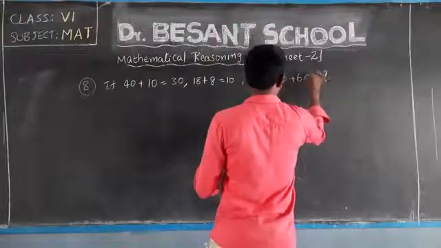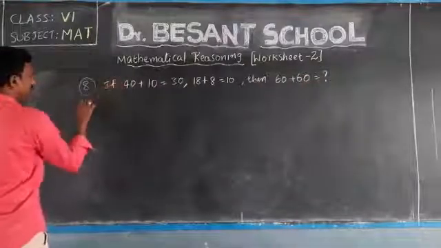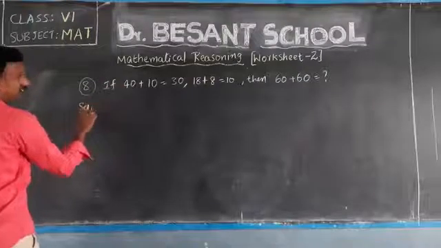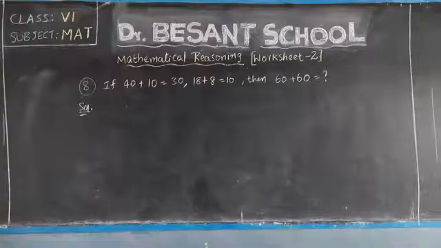Try yourself. I will give you some 15 seconds of time. It's a very easy one, a very simple problem. You can do it. If 40 plus 10 is equal to 30 and 18 plus 8 is equal to 10, then 60 plus 60 equals how much? It's a very interesting problem.